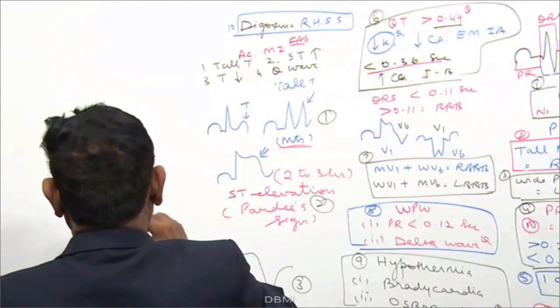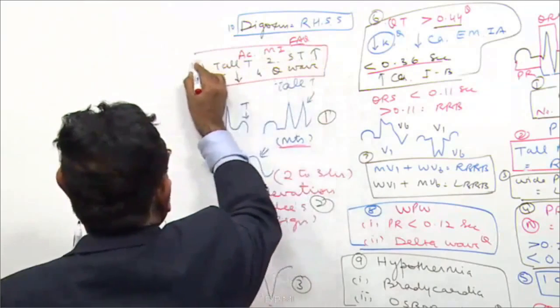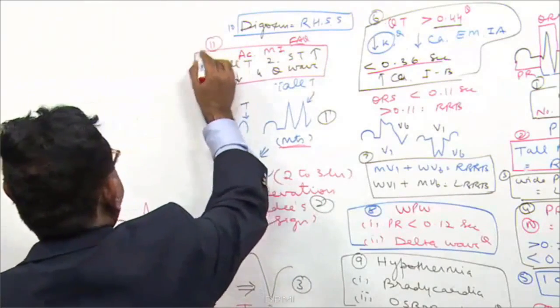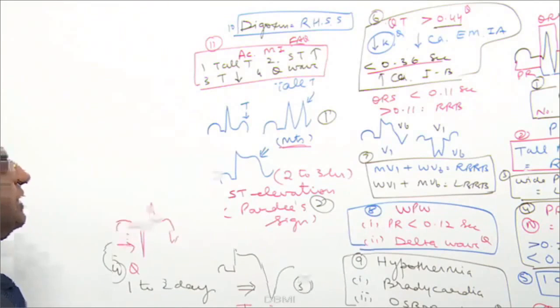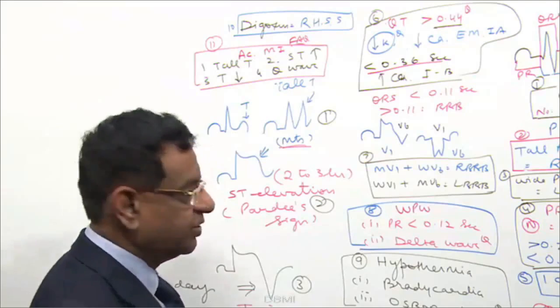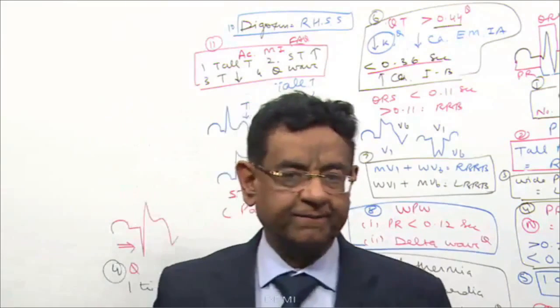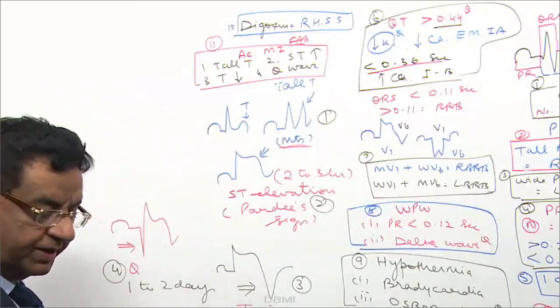This is box number 11. So in acute MI, tall T wave, ST elevation, T inversion and Q wave are the findings. I hope you have drawn it.